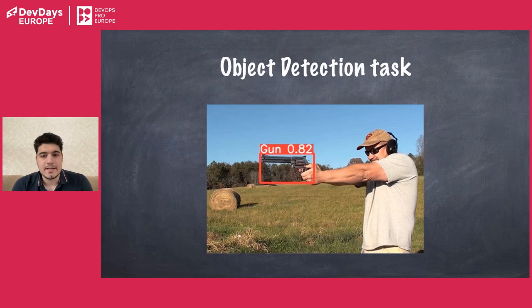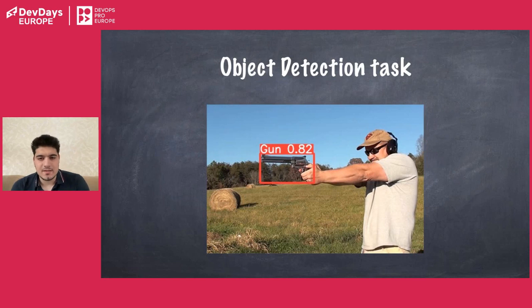Now, let's get closer to a real case where we can make use of an object detection algorithm for real business problems. Imagine that we have a lot of security cameras and we want to make sure that our building is safe. Maybe it is a school or a shopping center, and we want to detect any situation where someone gets in with a visible gun.